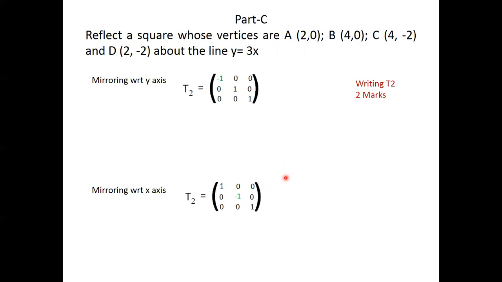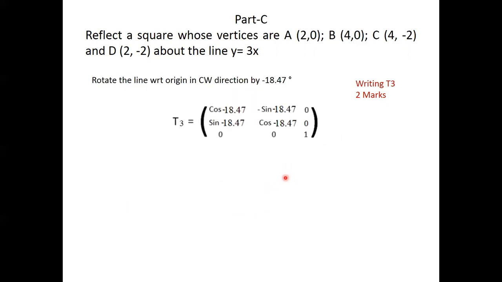This carries 2 marks. Now rotate the line with respect to the origin by 18.47, I mean clockwise rotation, therefore a negative sign appears. This is with respect to y-axis mirroring. This is the rotation matrix, angle -18.47.